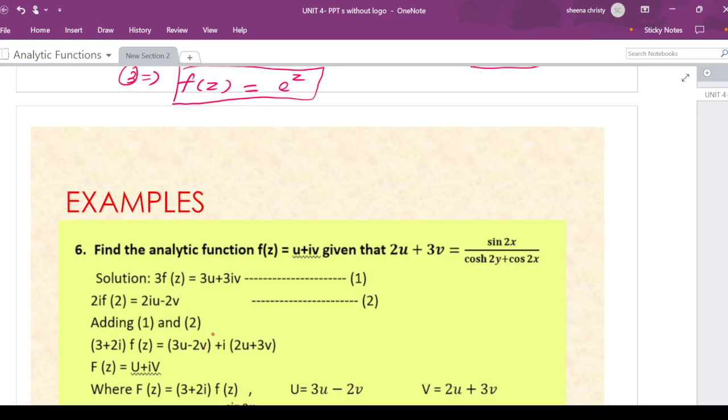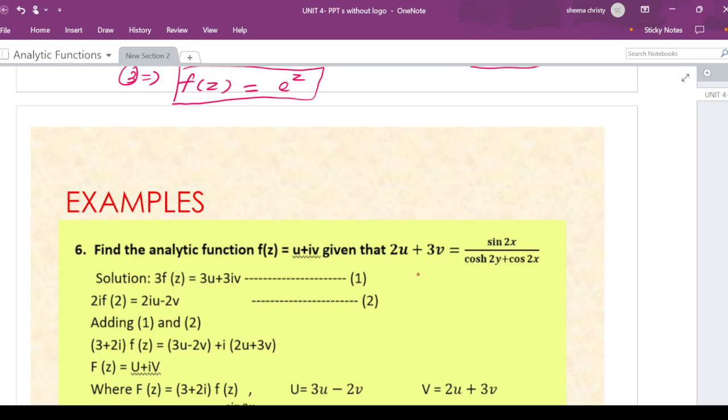So the option is in our hand. By seeing the problem, you have to multiply f(z) with a constant, depending upon the problem given. So, you have capital F(z) = U + iV.